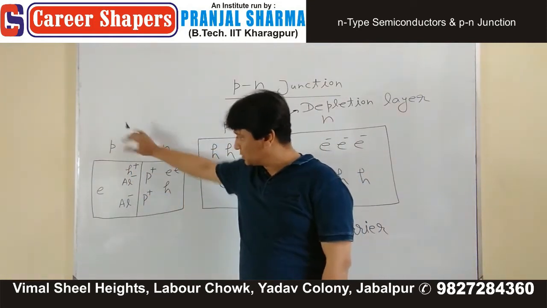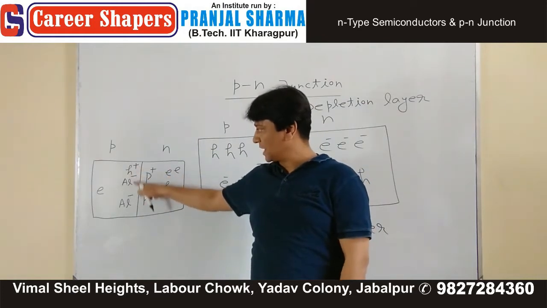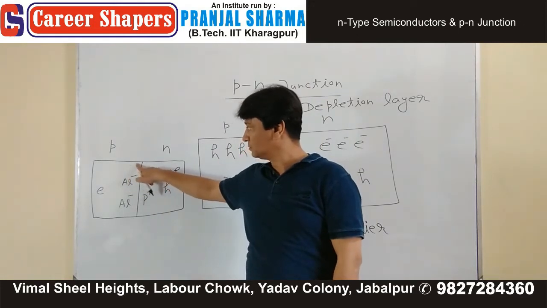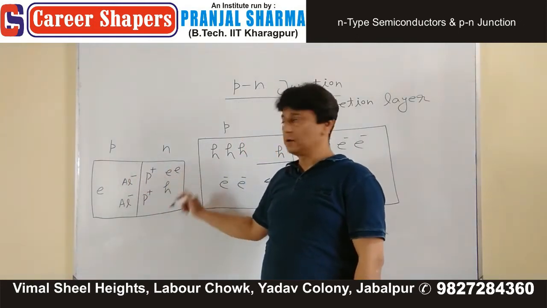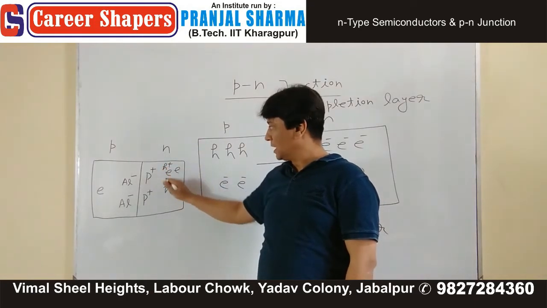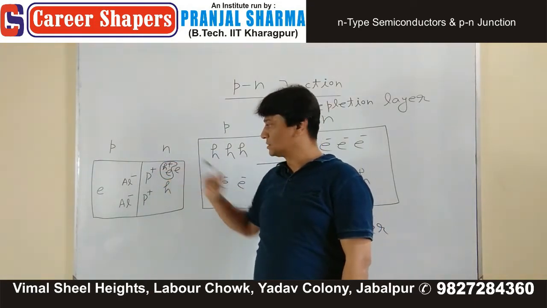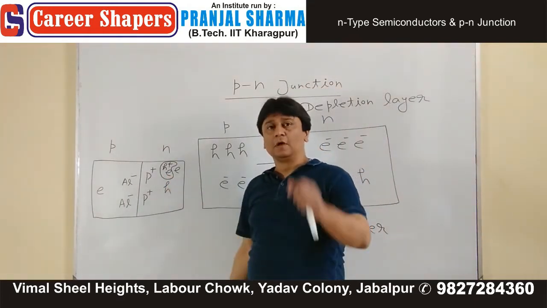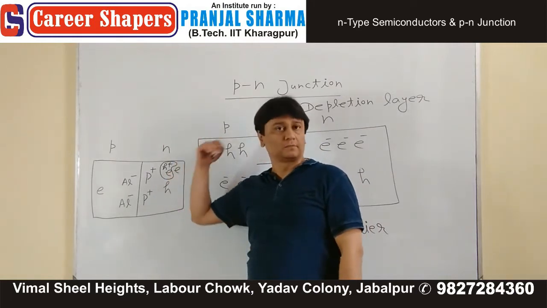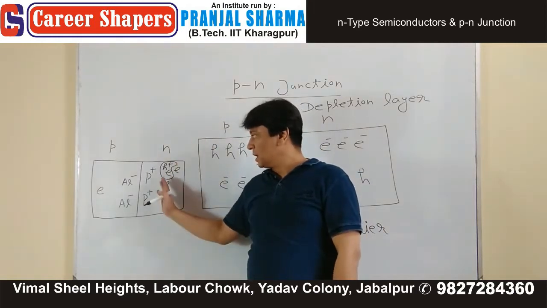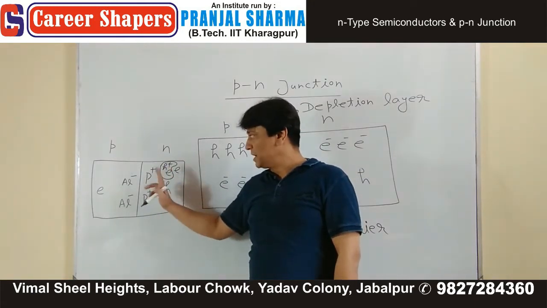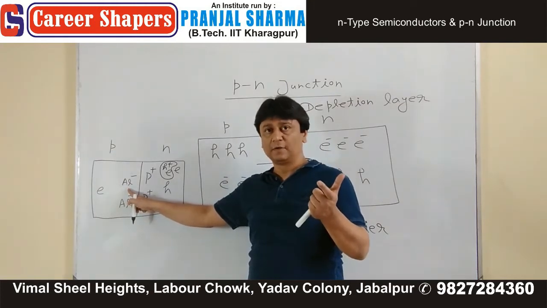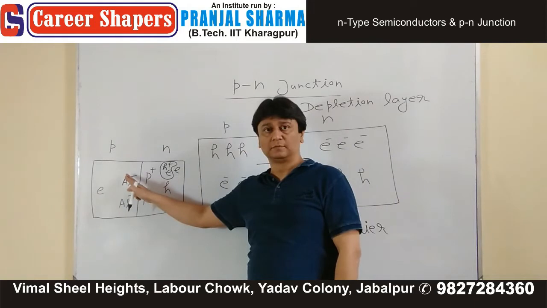Right now look at the region, this is neutral, but the moment this hole moves over here, it recombines with this electron, or with some other thing, then immediately at this place there is an excess of negative ions.